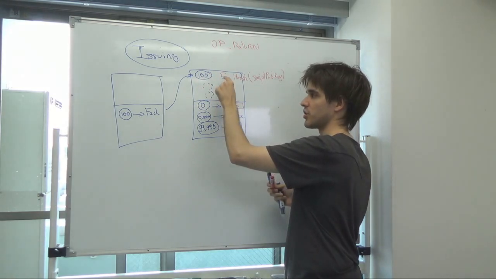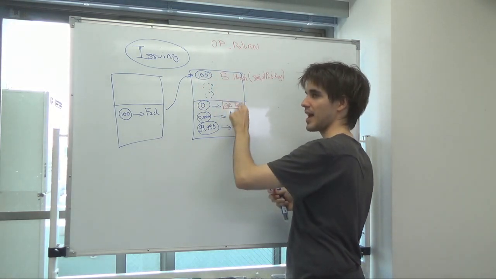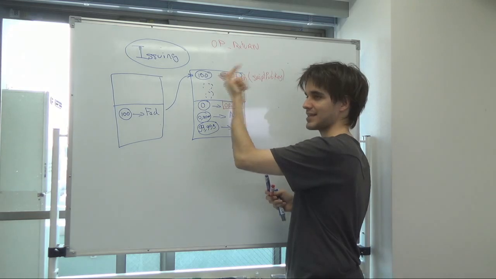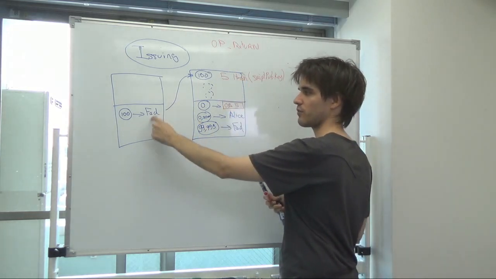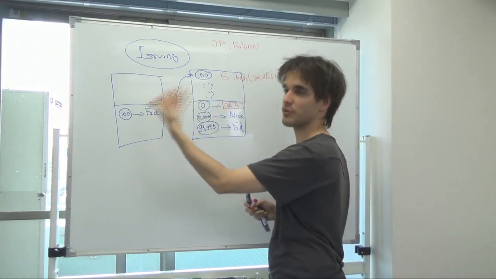Imagine that there was other things here, we don't know. So the 5 came from here, and the ID of the asset is determined by the hash of the script pub key, so the hash of the identity of the Fed.